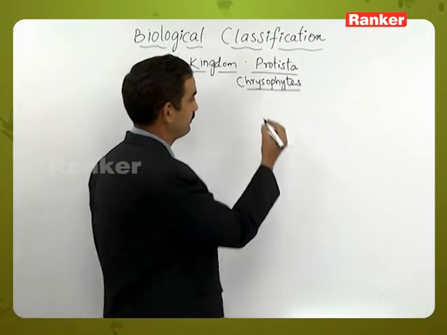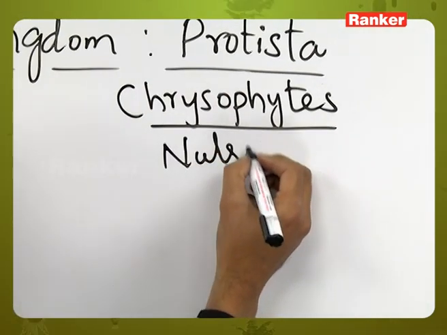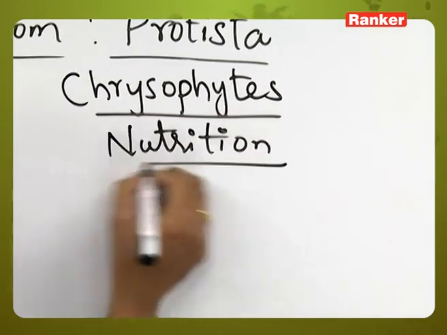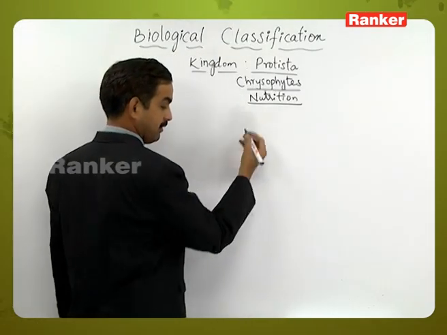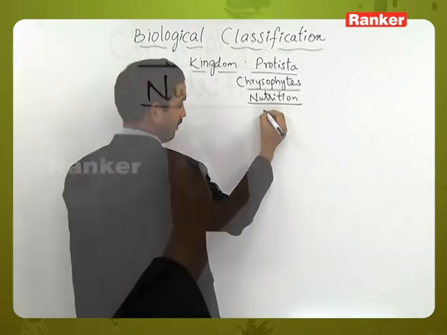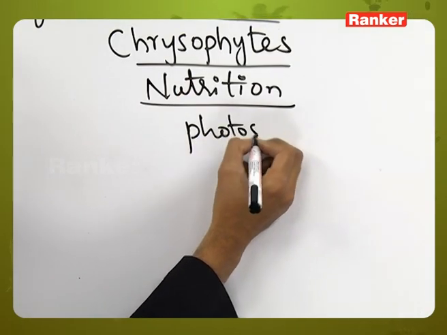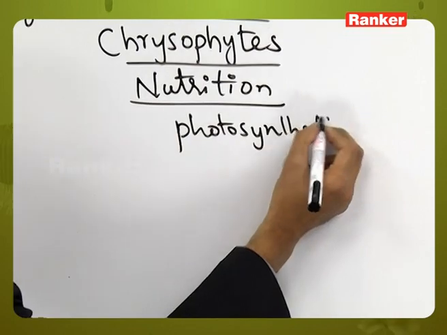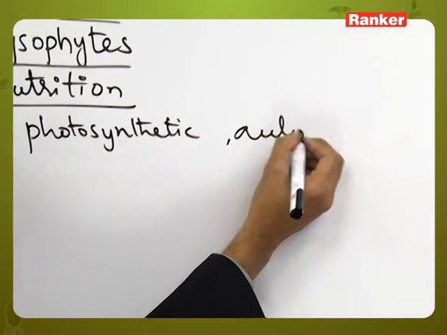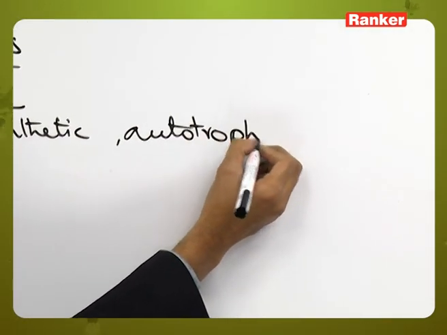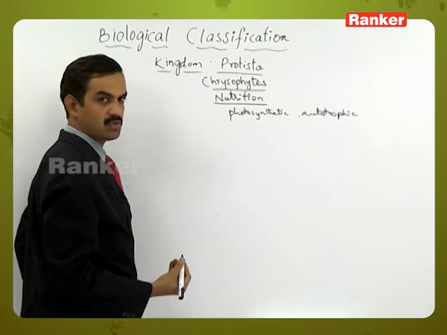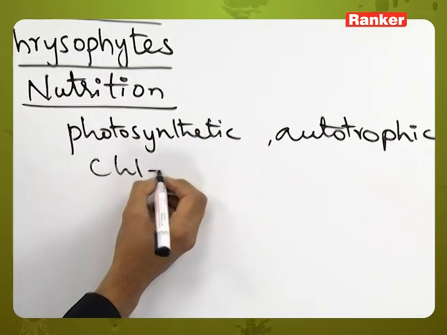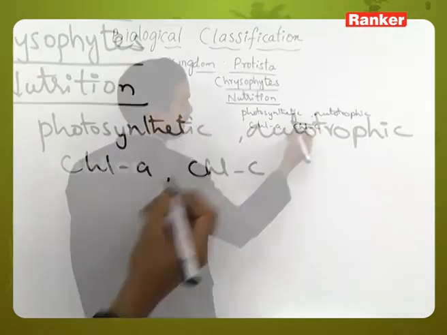Next, nutrition. These are photosynthetic, autotrophic in their nature. This is because of chlorophyll A and chlorophyll C present in them.